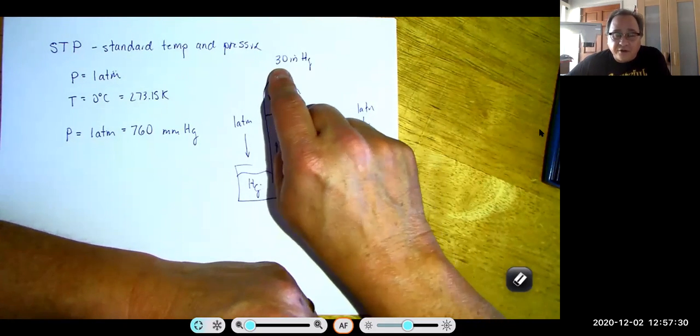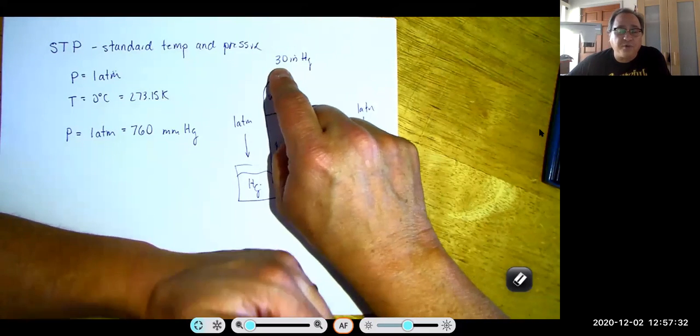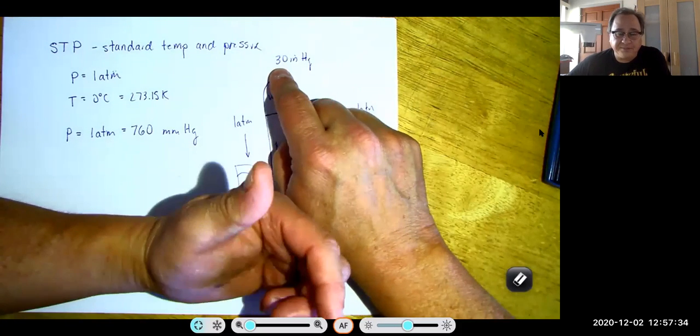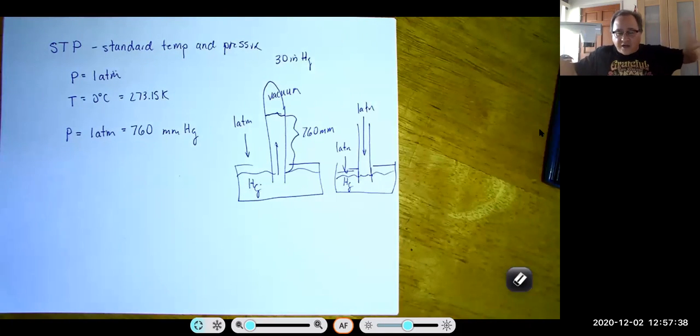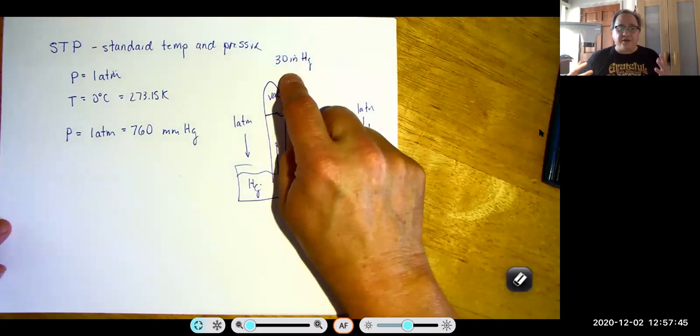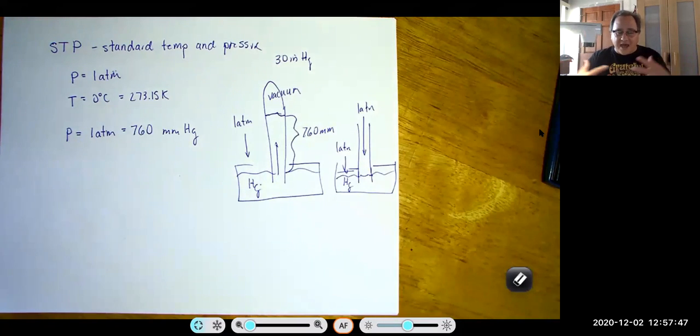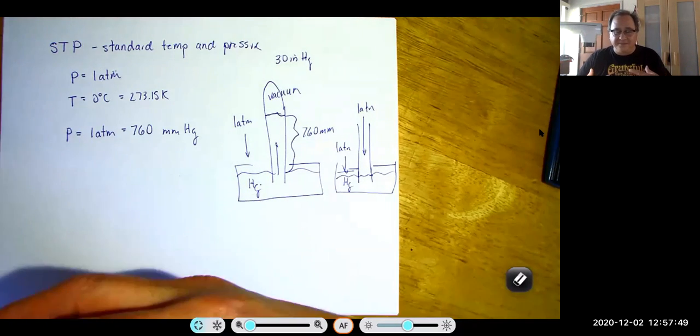If it gets above 30, so 30.1, 30.2, that's a high pressure system. And what that means is that you have a lot of air being pushed out and you keep bad weather out. If you drop below 30, you have a low pressure system and it allows bad weather to come in.